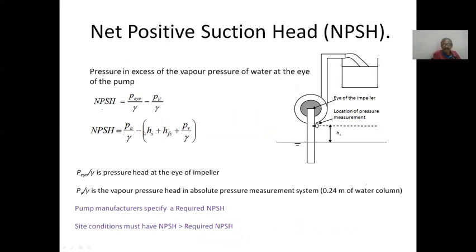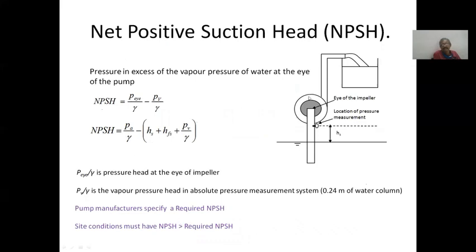So what we should do is, for our site conditions, we should also calculate the net positive suction head. Our calculated net positive suction head for our site should be greater than the net positive suction head recommended by the manufacturer. Only if our net positive suction head in our site condition is more, then our pump will work.